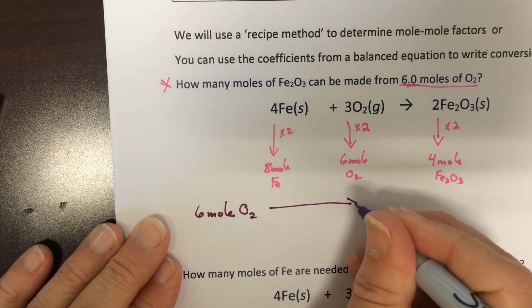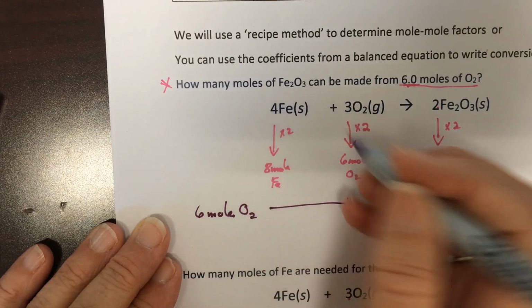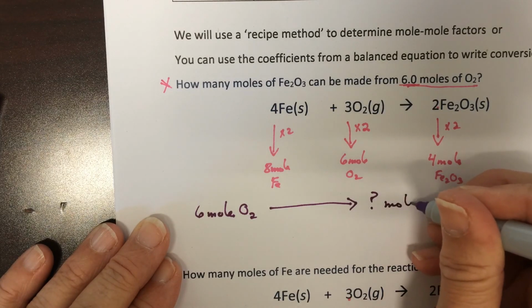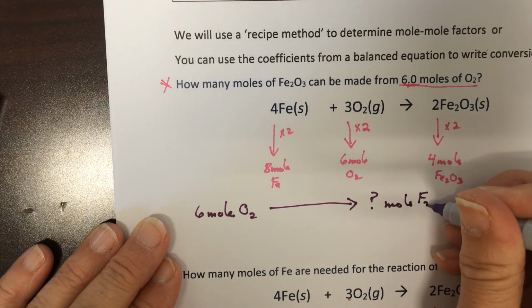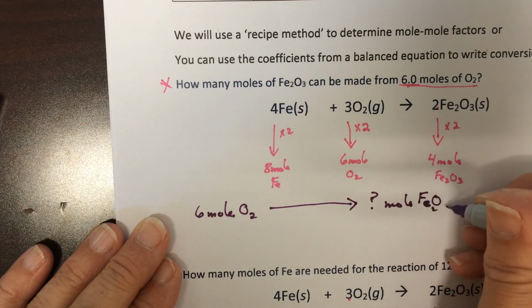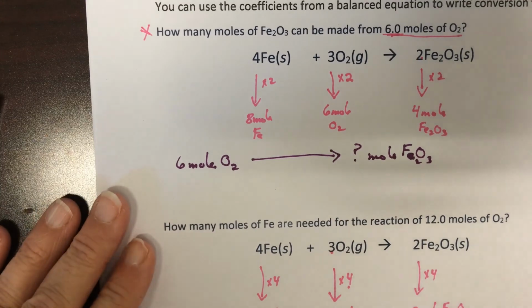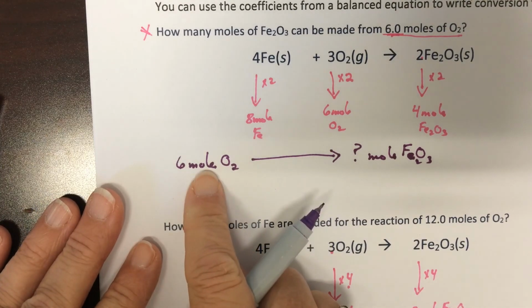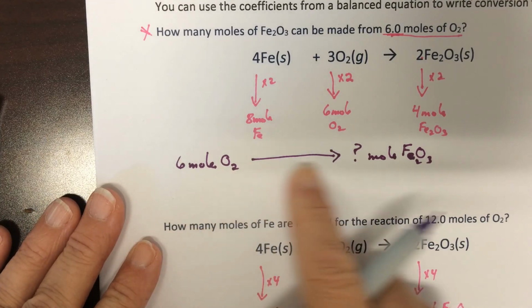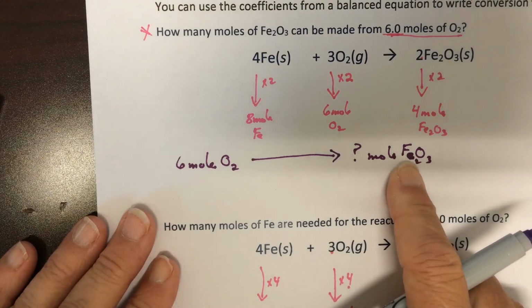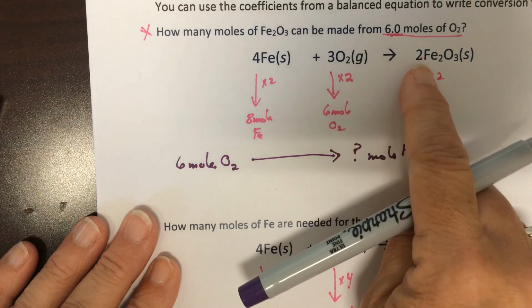We'd like to convert that into an unknown number of moles of iron oxide. Okay? So we need a way to relate moles of oxygen to moles of a completely different compound. We can use our balanced equation to do that.